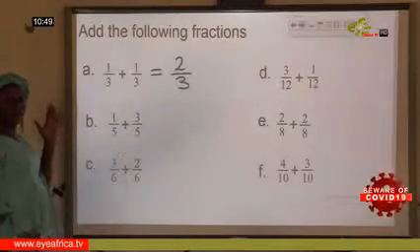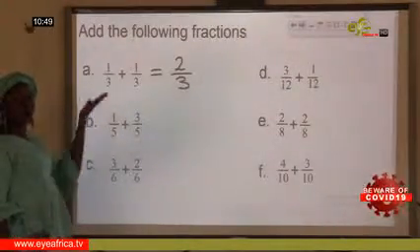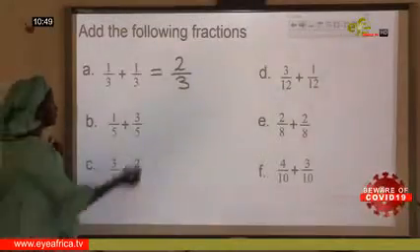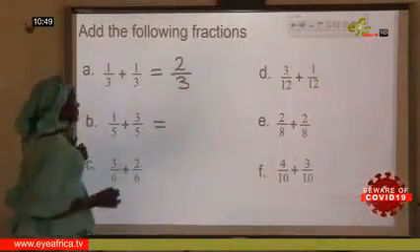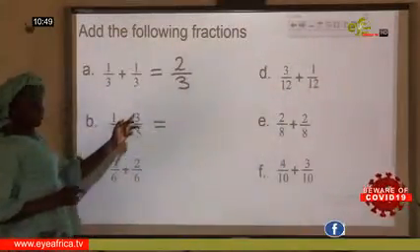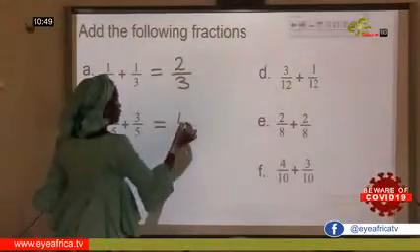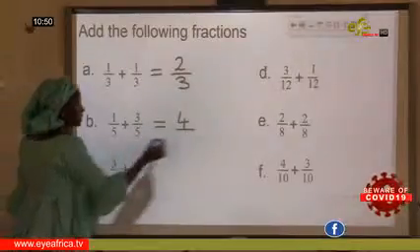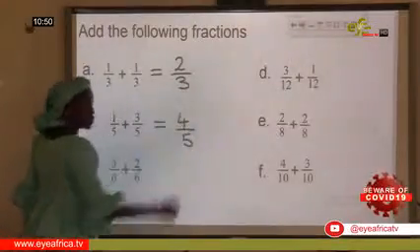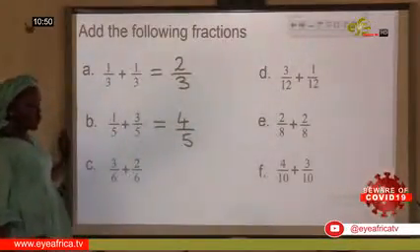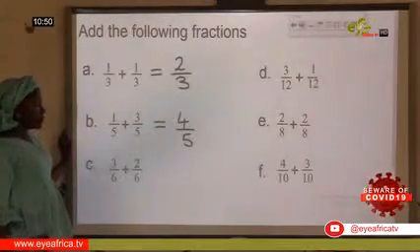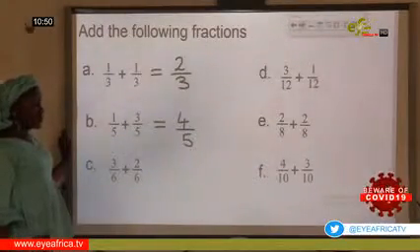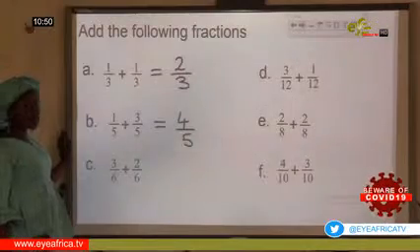And we said numerators are numbers above the fraction bar. That is 1 plus 3, 4. We maintain the denominator, which is 5. So our answer is 4/5.